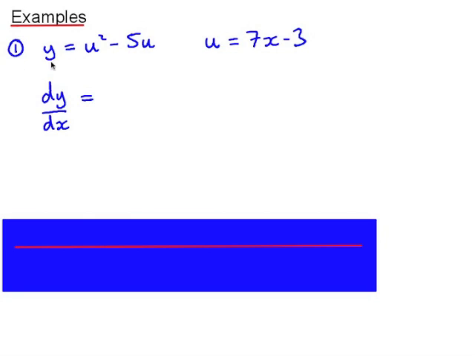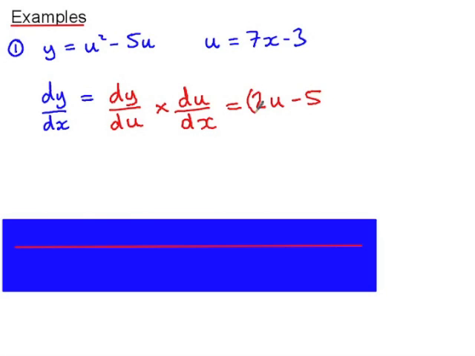In example number 1, we have y given as a function of u and we have u given as a function of x. So dy by dx is equal to dy by du multiplied by du by dx. So differentiating y with respect to u is 2u take 5, and we're multiplying this, so don't forget the brackets, by du by dx. The derivative of u with respect to x is 7.